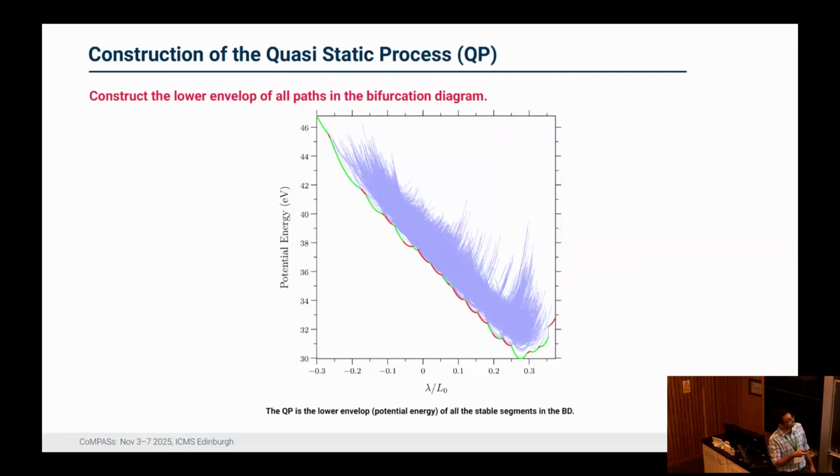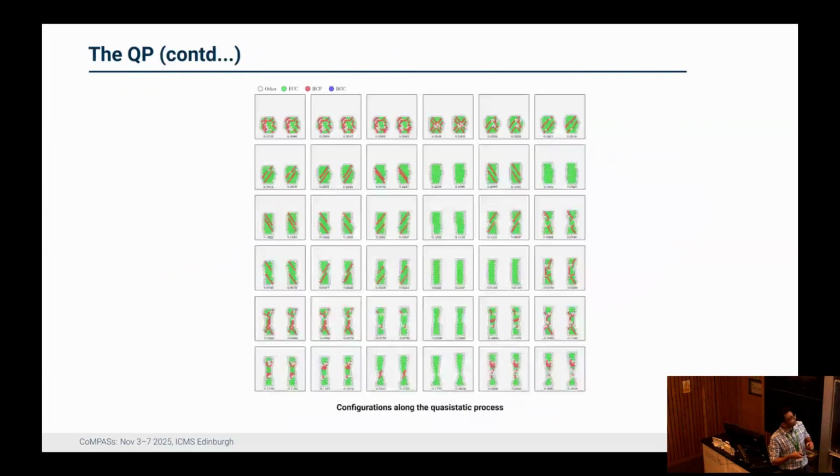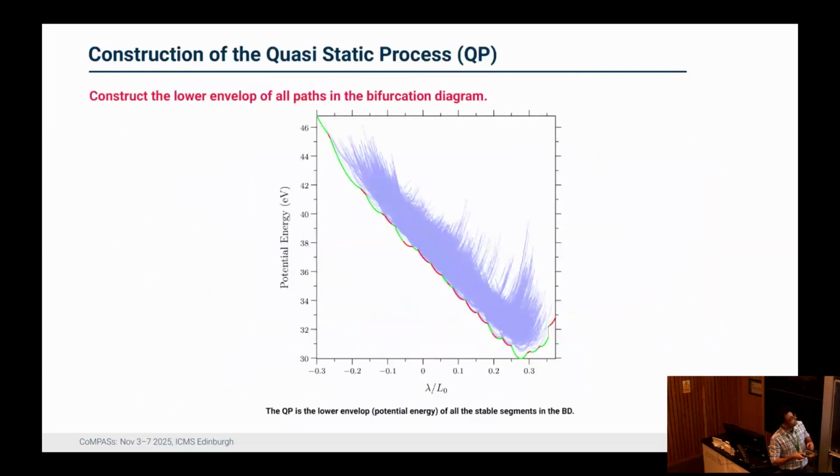Similarly, for the quasi-static path, of all the available solutions, we want to look for the minimum. So we want to construct a lower envelope. So we take the equilibrium map and, instead of plotting lambda versus the applied force or the stress, you plot lambda versus the potential energy.